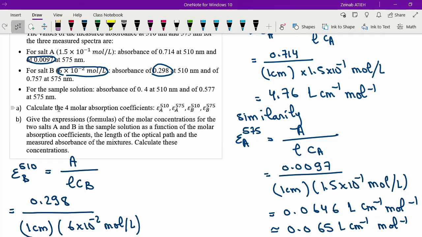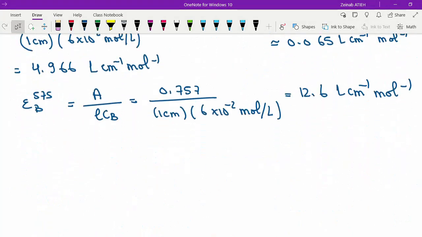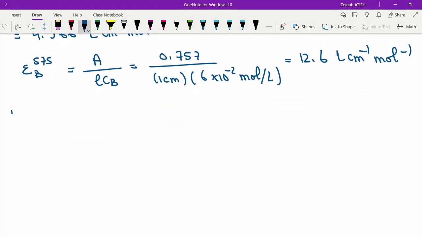For the sample solution, we have as a given an absorbance of 0.4 at 510 and an absorbance of 0.577 at 575. So let's write the given and try to find the concentration of A in the solution and the concentration of B in the same solution. So this is part B.